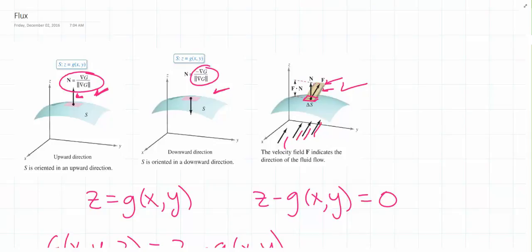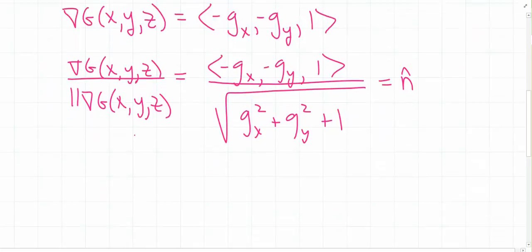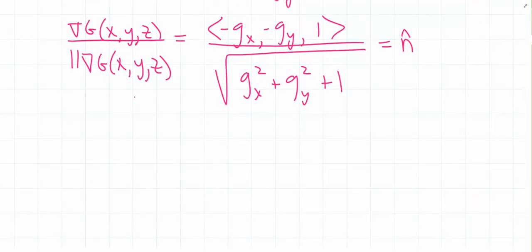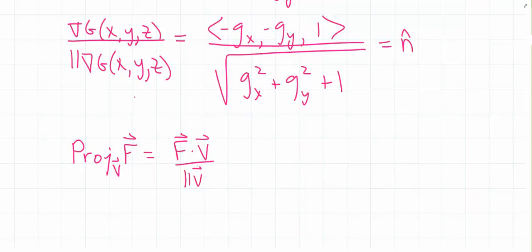Let's just suppose that vector that's orthogonal, I'll just call it V. And what I'm doing is projecting this vector onto this V vector. Well, that's going to be F dot V over the magnitude of V squared times V. Okay, that's the formula for projection.